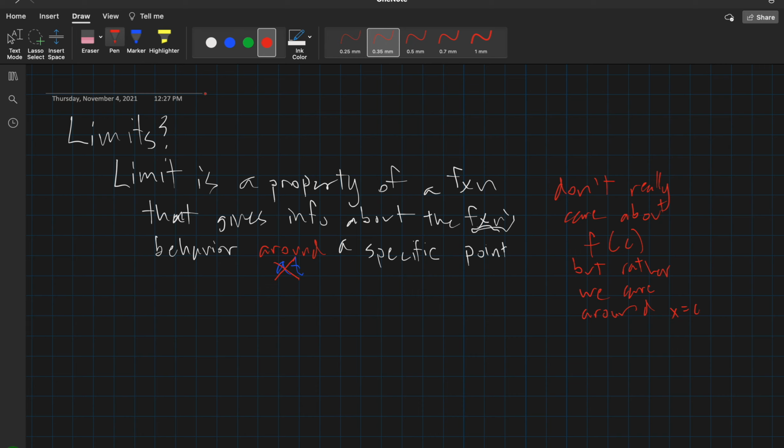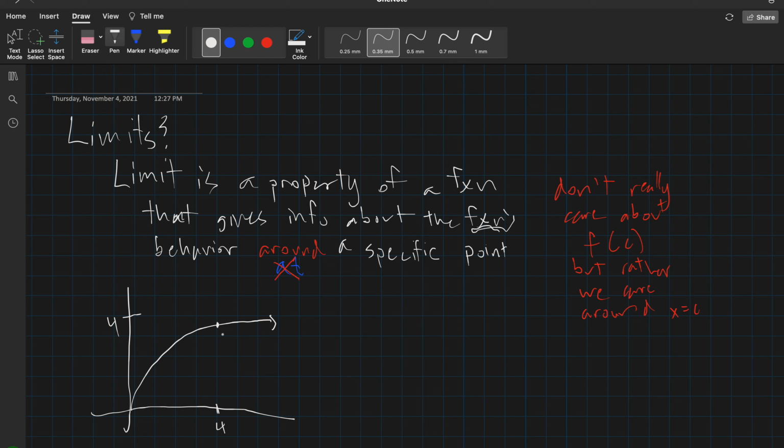So if we were to actually try and visualize this, here's some function, and let's say this is 4 and this is 4.